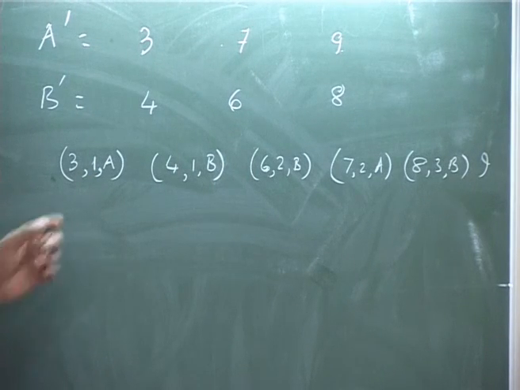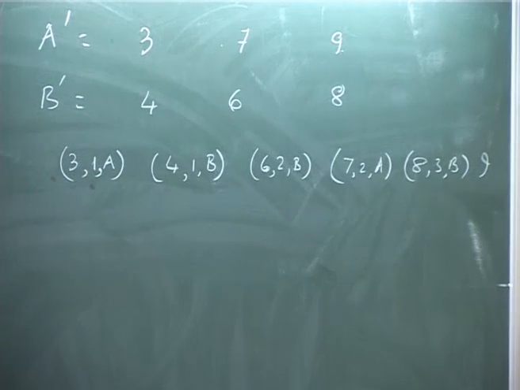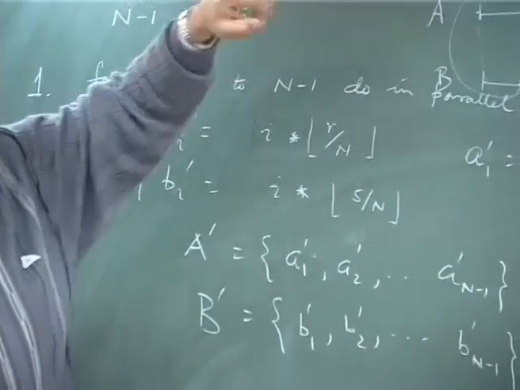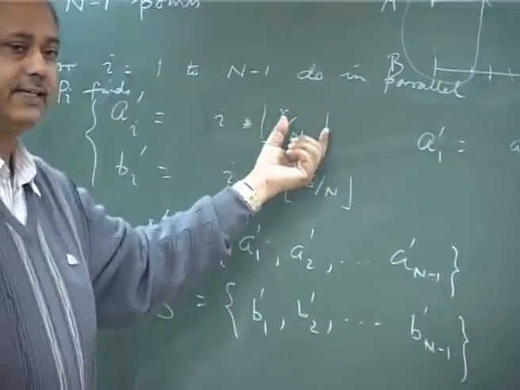So that by seeing this element, you can find out the index of that element with reference to A dash. Because if I know it with respect to A dash, I know it with reference to A also by multiplying by this factor.